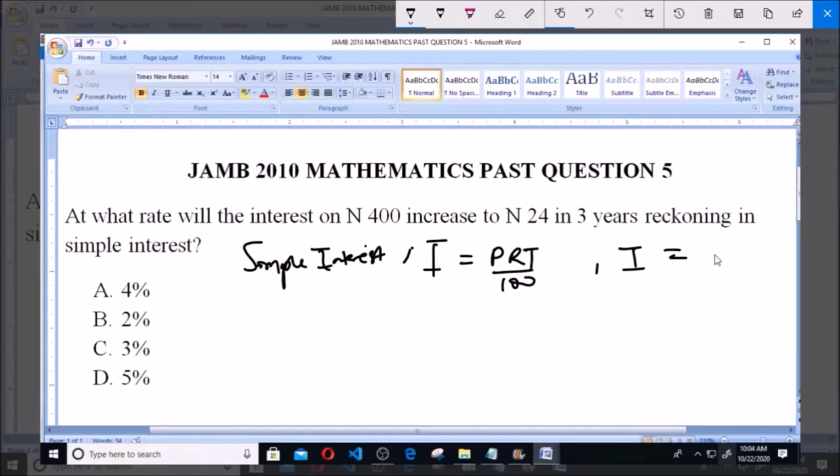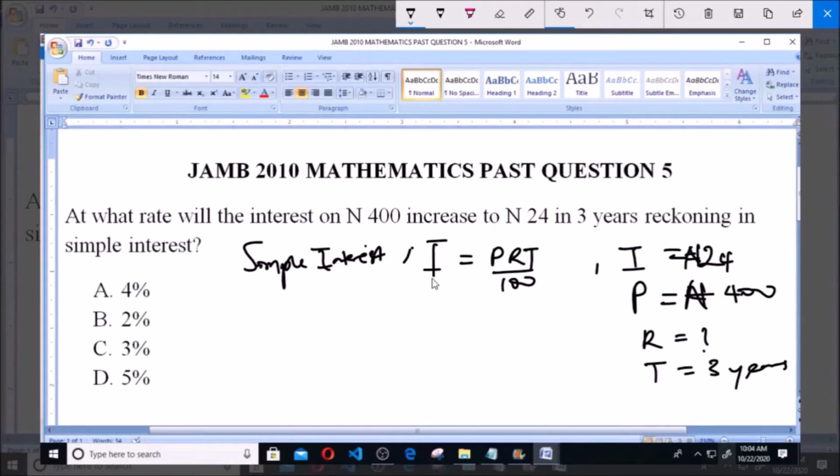So interest, simple interest, is 24 naira. The principal amount P is equals to 400 naira. Then the rates R is what you're looking for, which you don't know, and the time taken is what? 3 years.